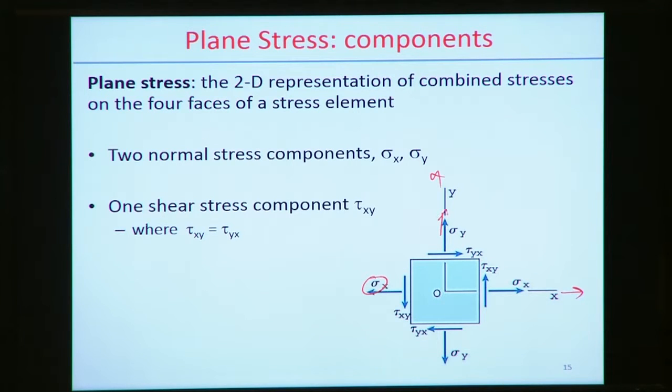Similarly, sigma y is acting along the positive y direction. The notations tau xy and tau yx we consider as shear stress, and they are considered as positive values. We will further discuss the sign convention for the positive and negative shear stress and normal stress after a few slides.